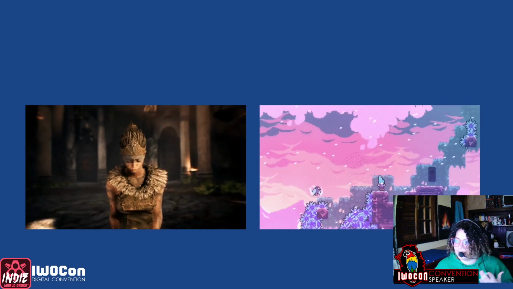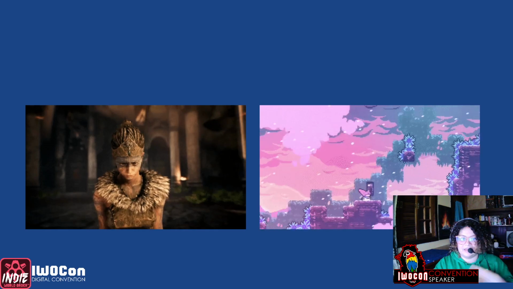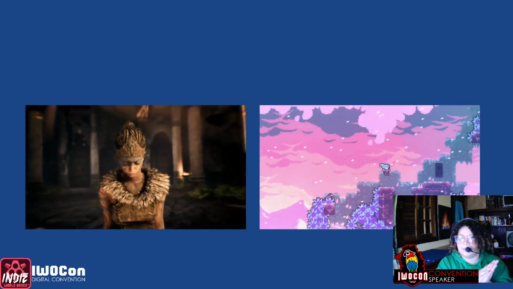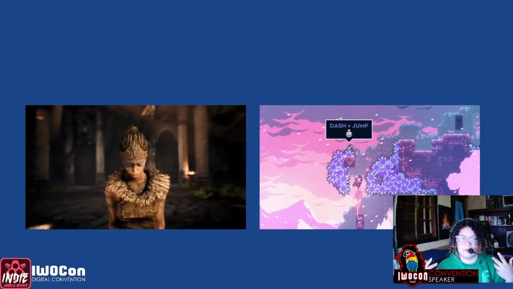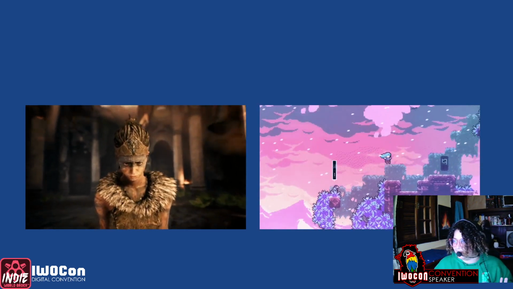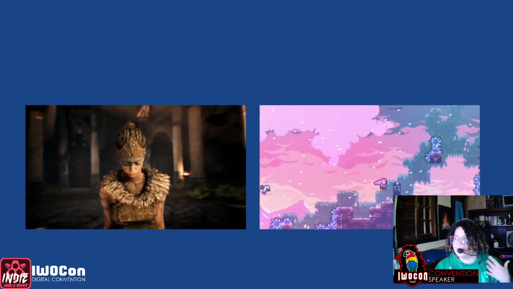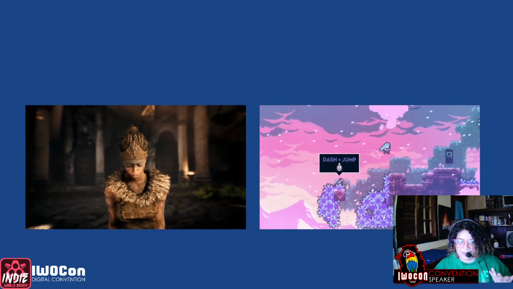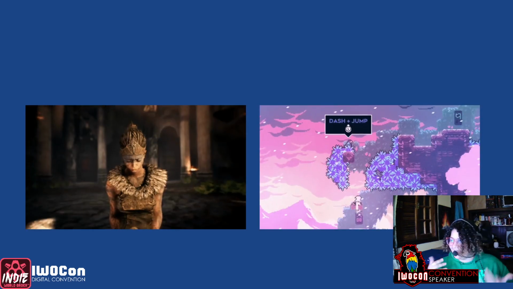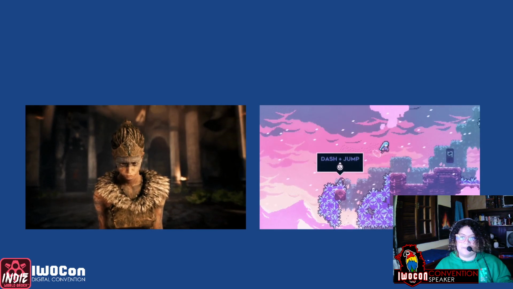Here in this GIF, you have the words that say, "Hey, you can dash and jump," but at the same time, the environment tells you what you need to do. In this example, you can't not perform a dash plus a jump. You need to do this to get through this part. So that's also a way to provide feedback in more than one way.